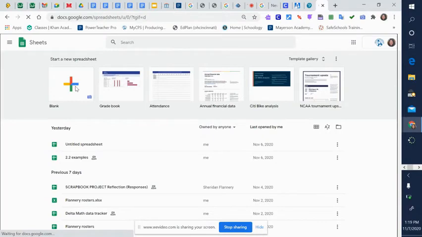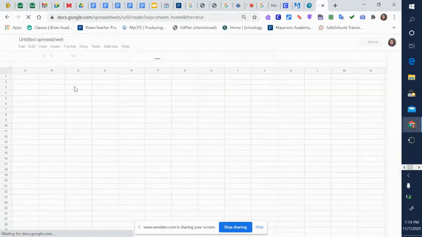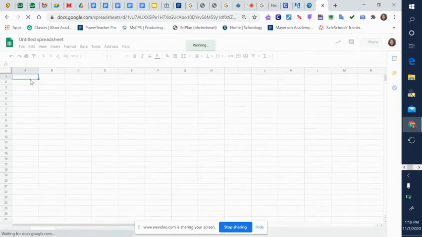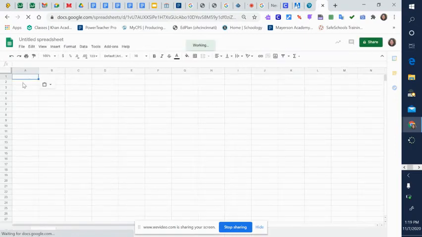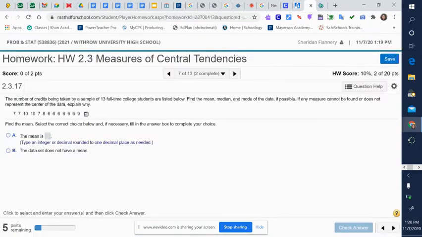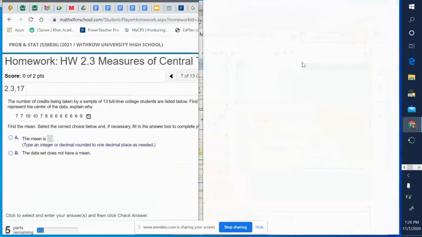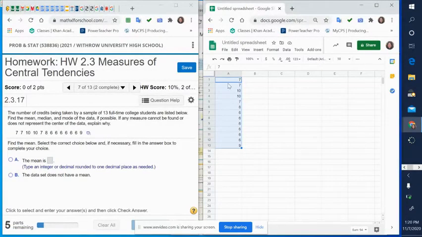And in my new spreadsheet, I already hit copy from that assignment. So now I'm going to hit paste, Control V. Okay, now I'm going to put these two next to each other so I can see them a little bit better. So here's all my data that I just copied from here. You can always type it in, whatever you want to do.